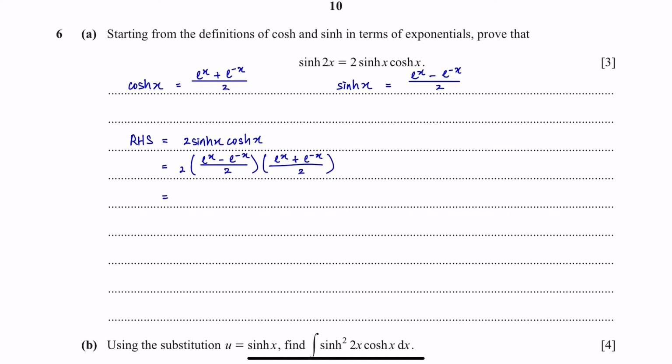And now we have a half. And take note that this is basically the difference of squares. So we get e to the 2x minus e to the negative 2x, and this is basically sinh 2x, which is also the left hand side that is given. So we have done proving this.